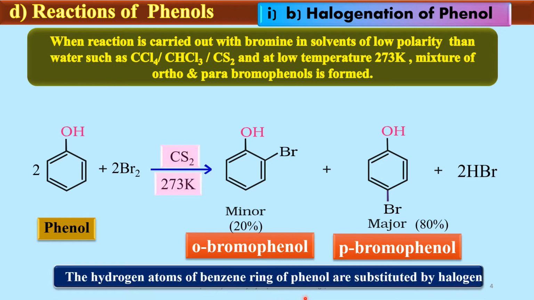Hydrogen atom of benzene ring of phenol are substituted by halogen.